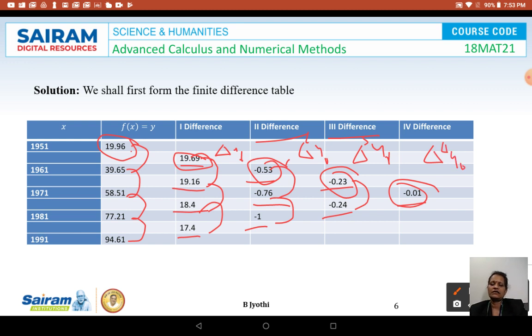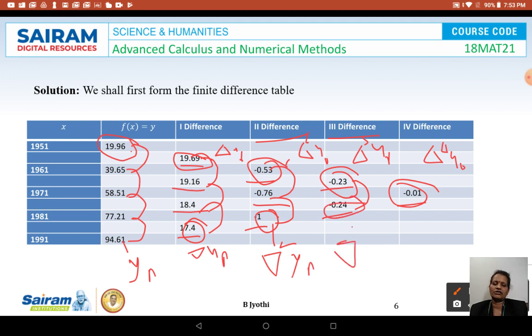Whereas here this value will be considered as yn, this will be nabla yn, this value will be nabla squared yn, this will be nabla cube yn, and this value will be nabla power 4 of yn. Now with this we will apply the forward and then the backward interpolation formula.